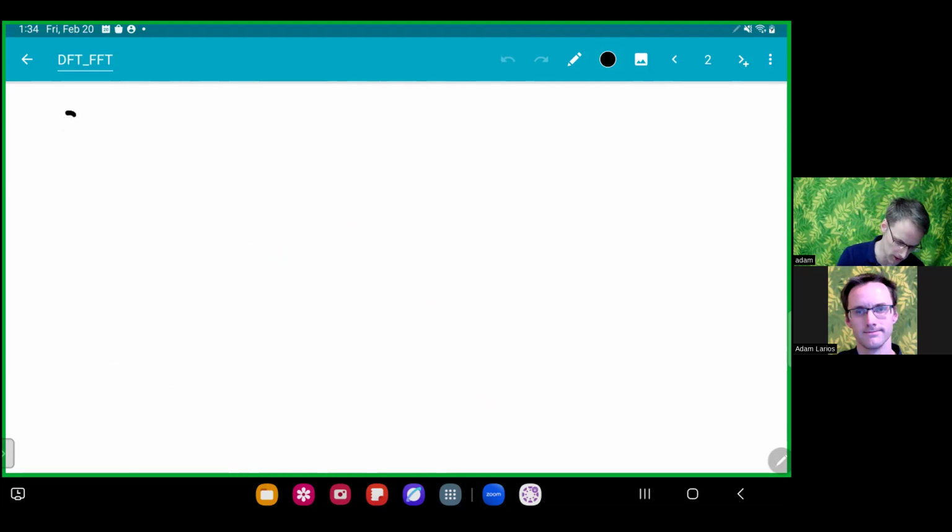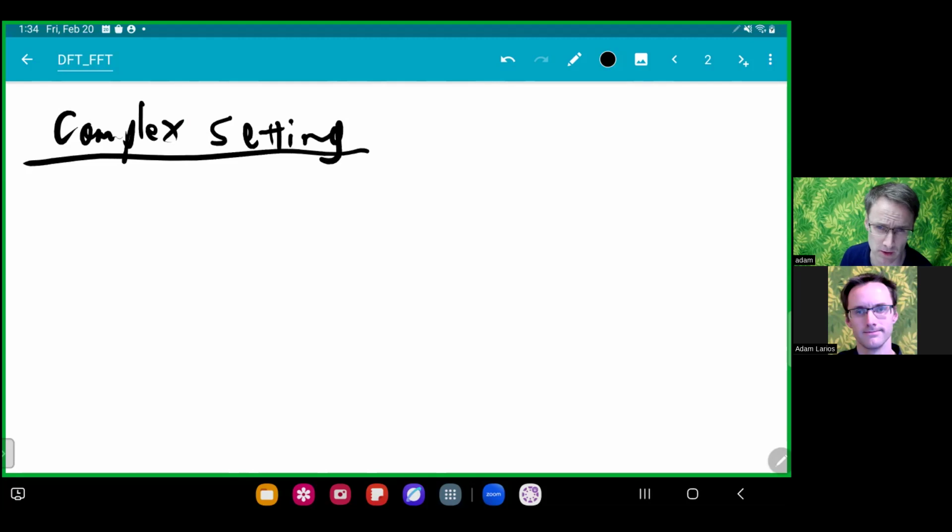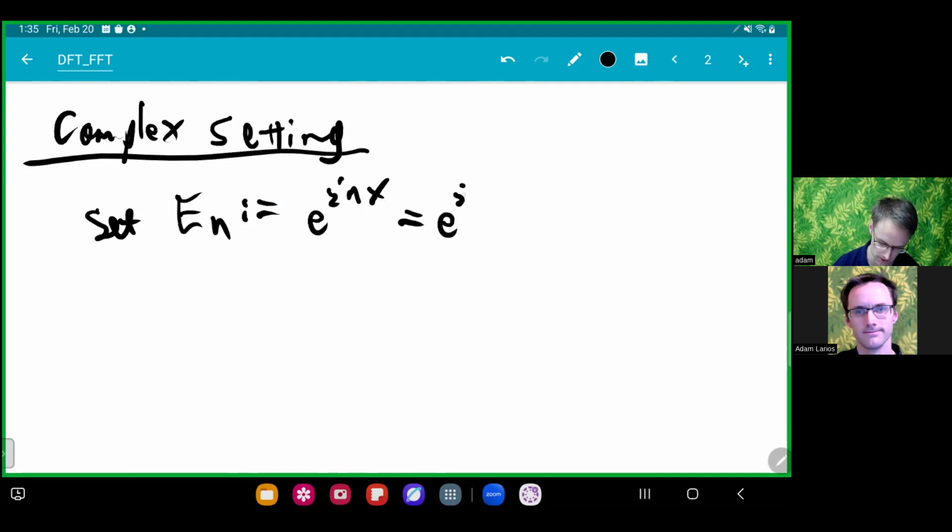That is the complex setting. And the complex setting is much nicer. I just wanted to mention the real setting to say that we can do this, that it's part of trigonometric interpolation. But the idea is that we'll set En to be e to the i n x. And remember that this is, first of all, e to the i x to the n.